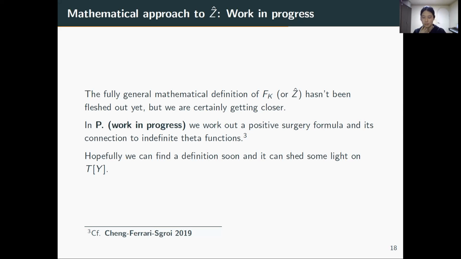I was studying with Chan, Sopenko, and Gukov Z hats for plumbed manifolds where now the graph can possibly have loops.